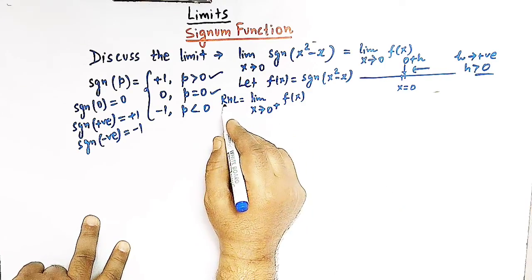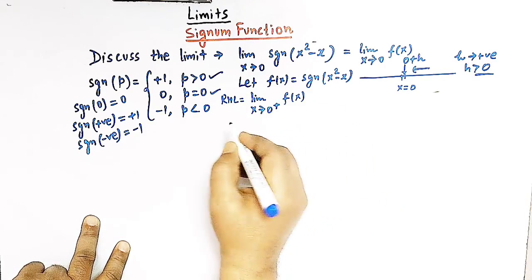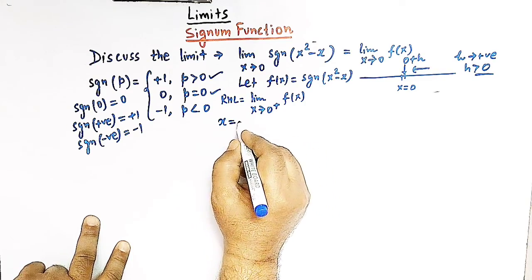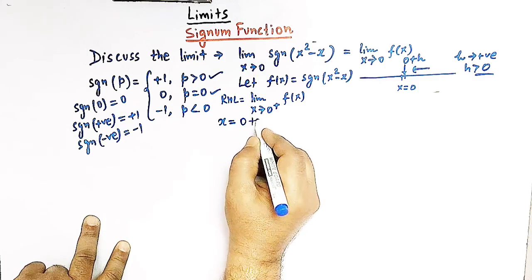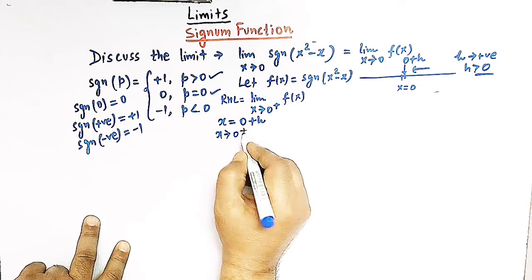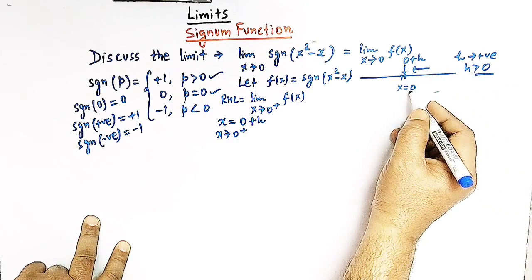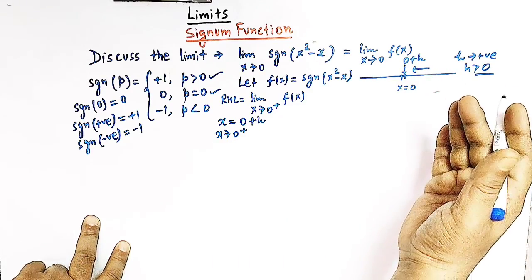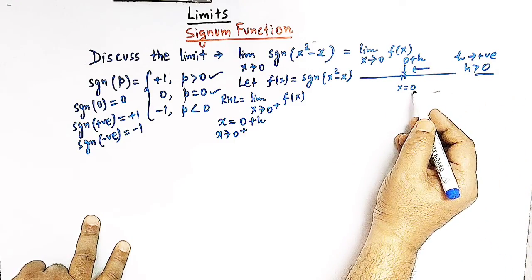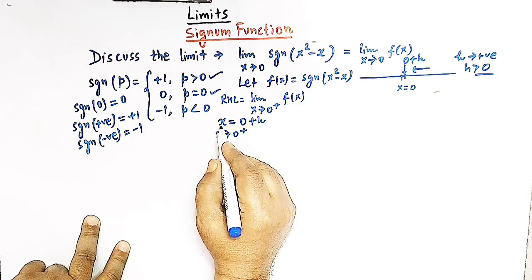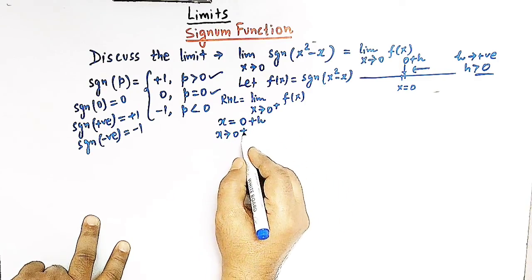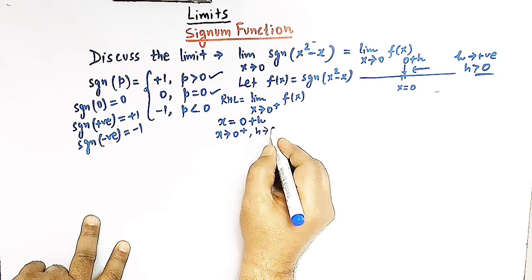So now the right hand limit can be evaluated by taking this substitution, that is, x is equal to 0 plus h. When x tends to 0 from the right, that is, all the values of x which are greater than 0 are given by x is equal to 0 plus h. So when x approaches 0, then h tends to 0.